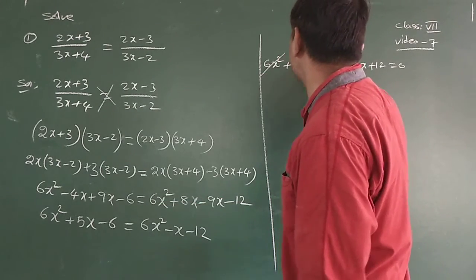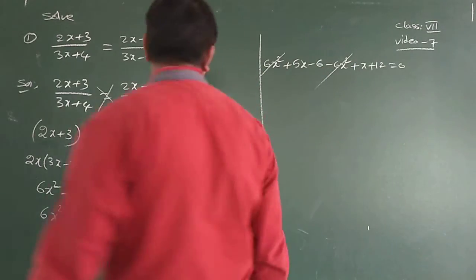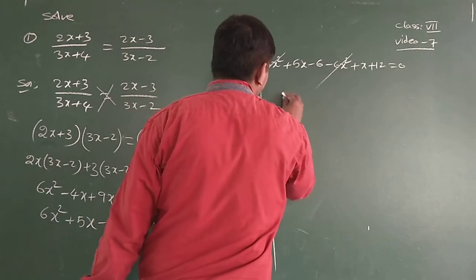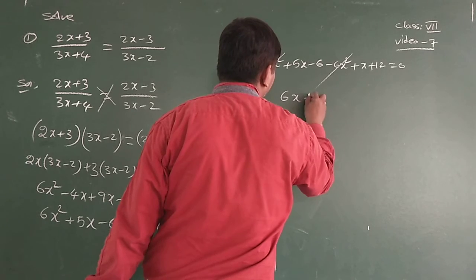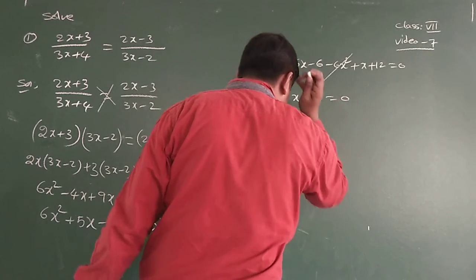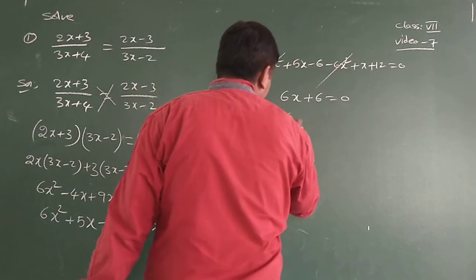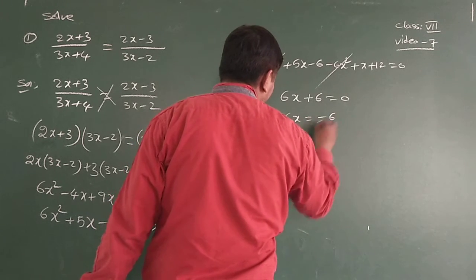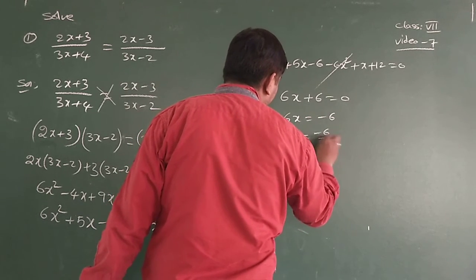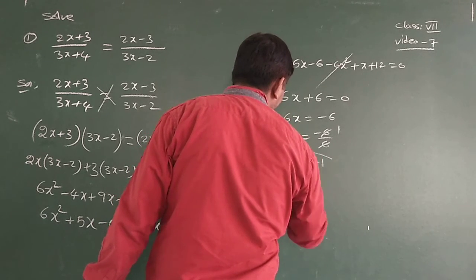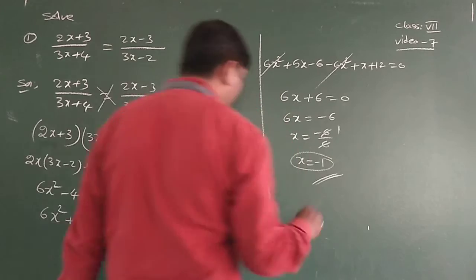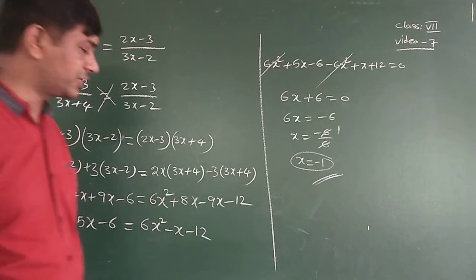Now plus 6x square and minus 6x square are cancelled. 5x plus x is 6x, minus 6 plus 12 is plus 6, is equal to 0. Now 6x is equal to minus 6, x is equal to minus 6 by 6, 6 1s are 6, x is equal to minus 1.